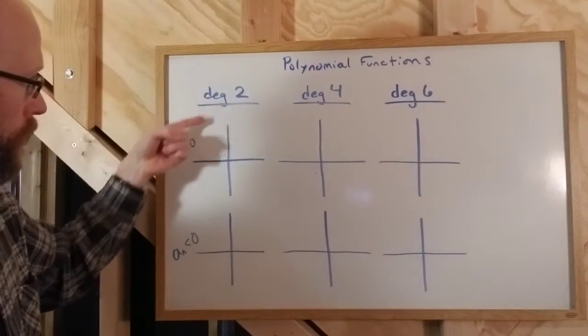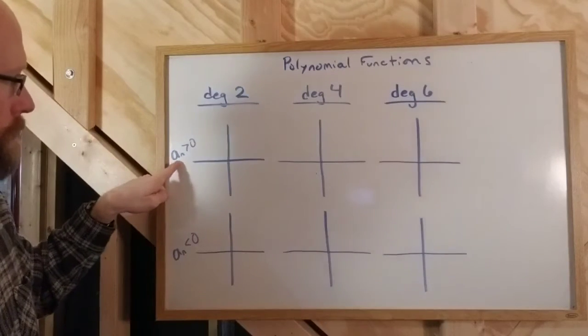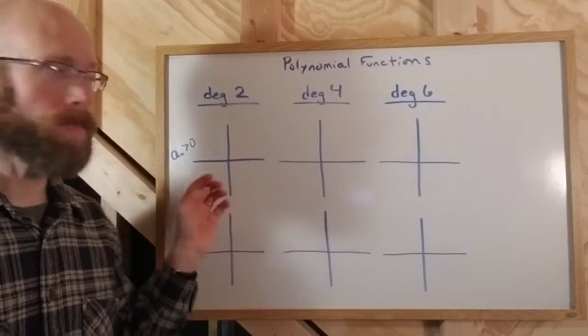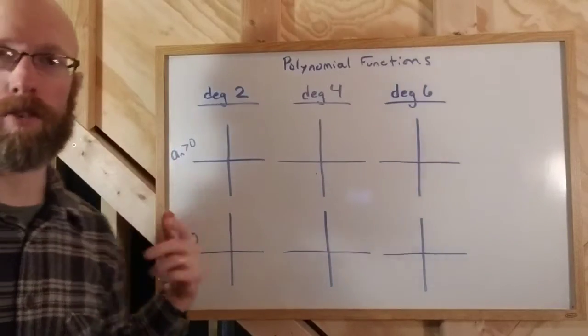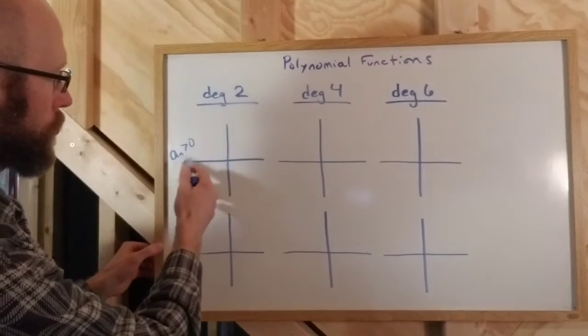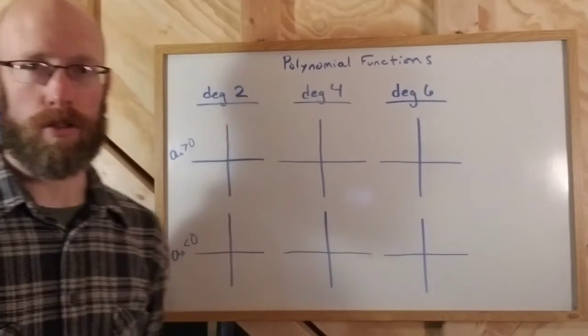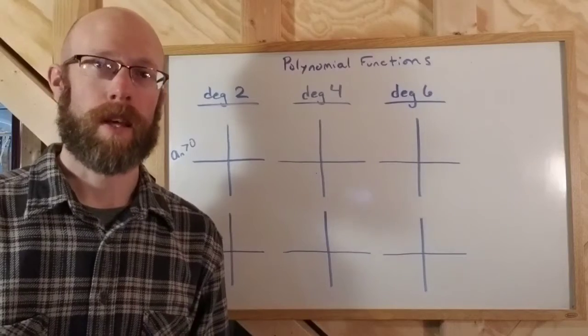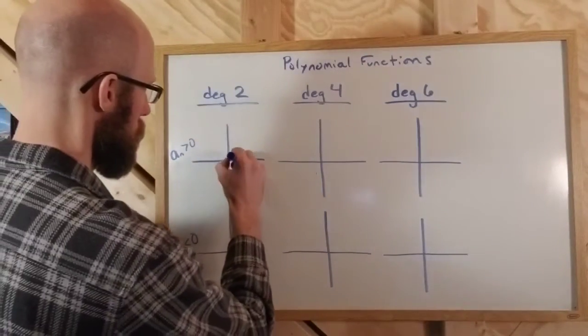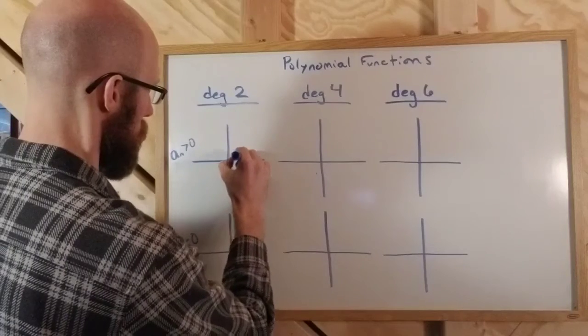Under degree 2, the quadratics, I have a sub n greater than 0 and a sub n less than 0, two different rows, right? So a sub n being your leading coefficient. If your leading coefficient is positive with a second degree polynomial, then your parabola is opening upward. We've seen this quite a bit already.